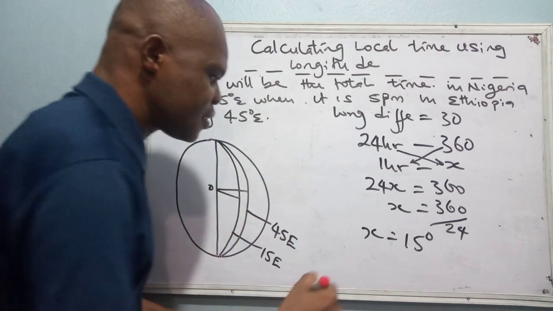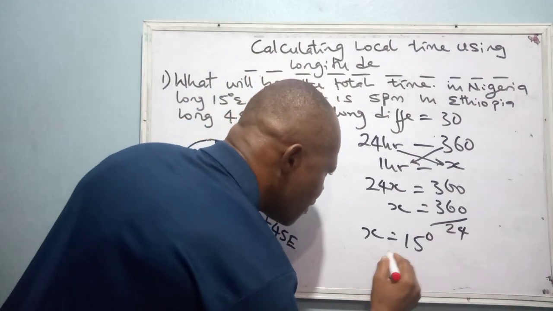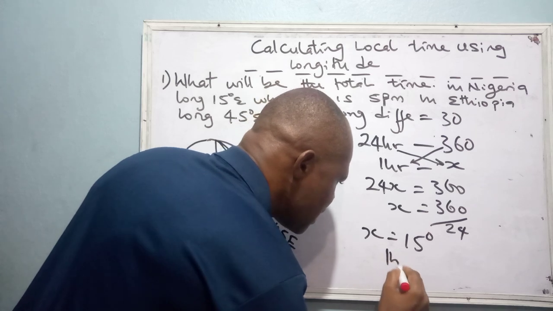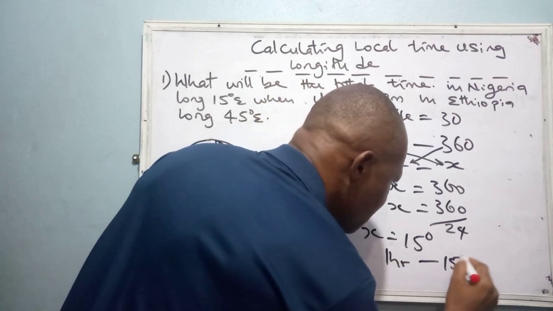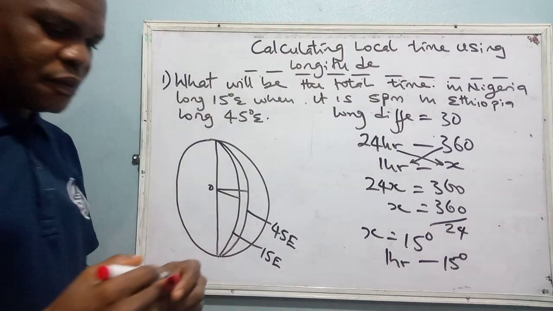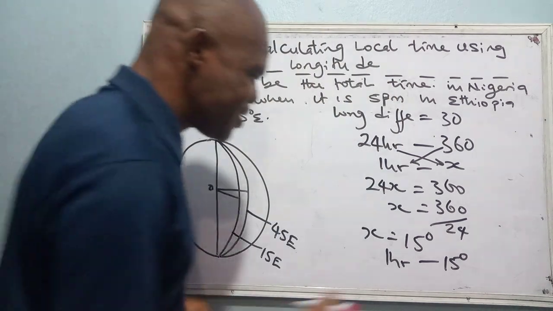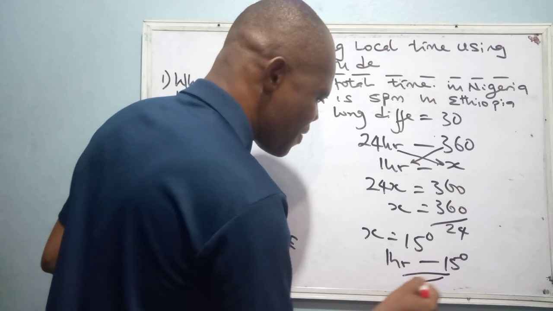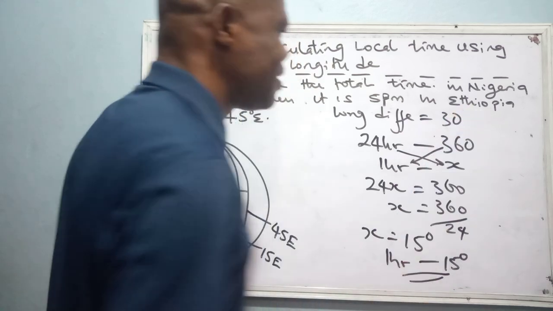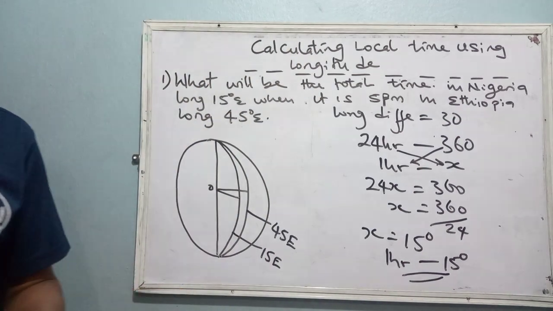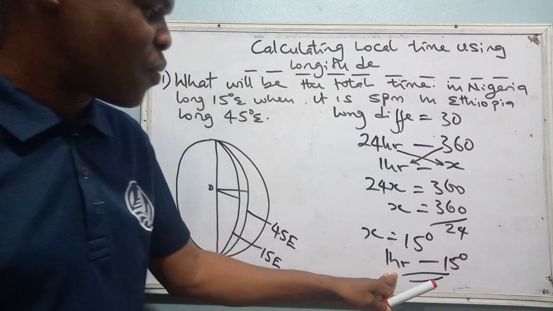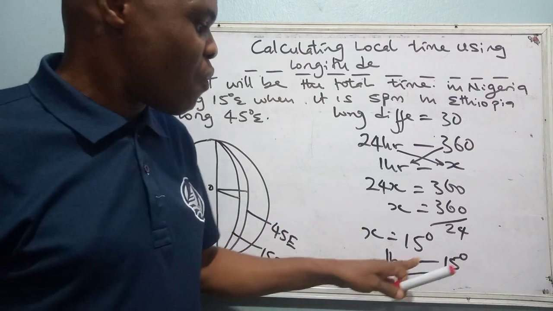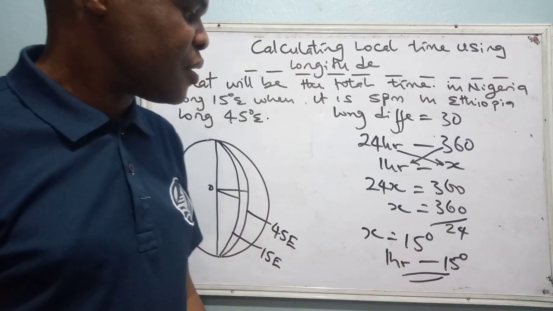So it means that it will take 1 hour to cover 15 degrees. We're going to use this principle to convert our longitudinal difference to time. So please note this principle: 1 hour will cover 15 degrees.